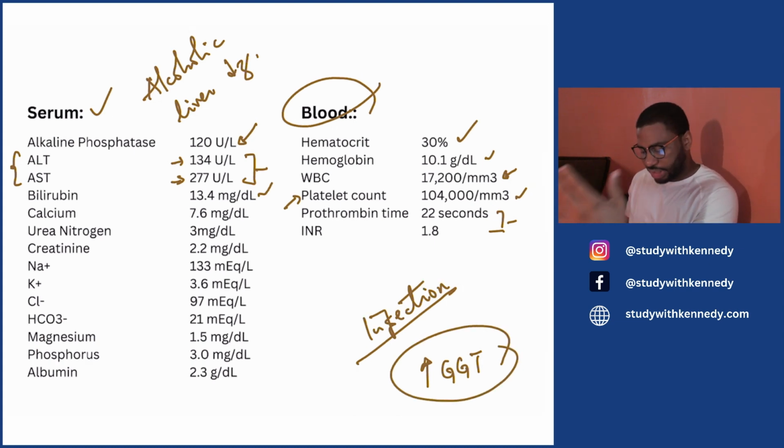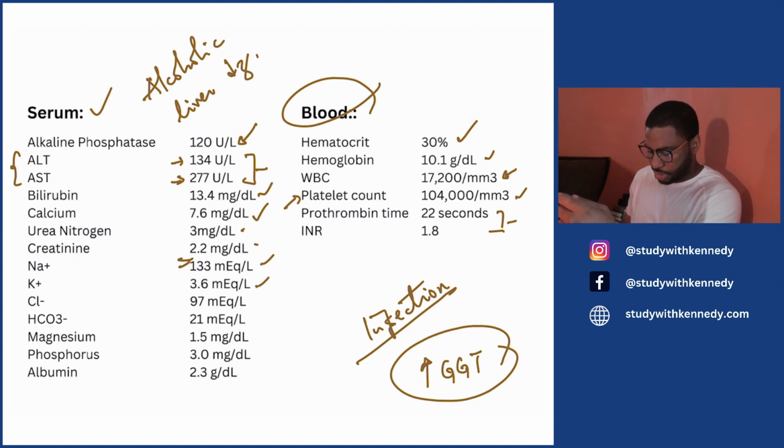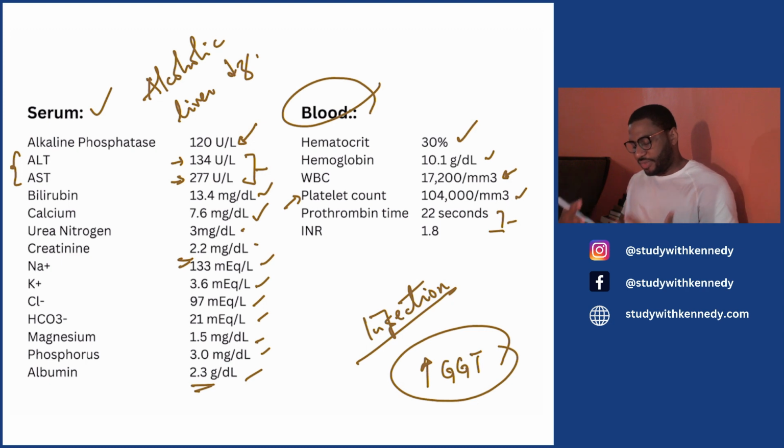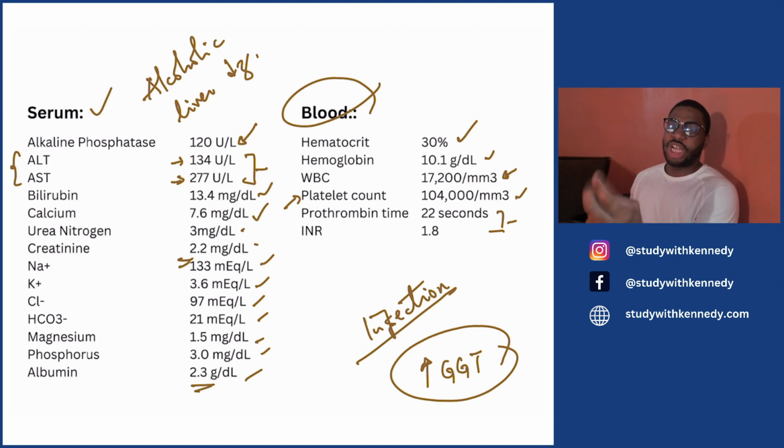Bilirubin is high, so there's certainly liver disease. Calcium is low. BUN and creatinine are up, so he has some form of renal problem going on as well. Sodium is slightly decreased. Potassium is okay. We don't care about a lot of these other values. And albumin is slightly decreased as well. So when you look at this vignette, two things shout at you.